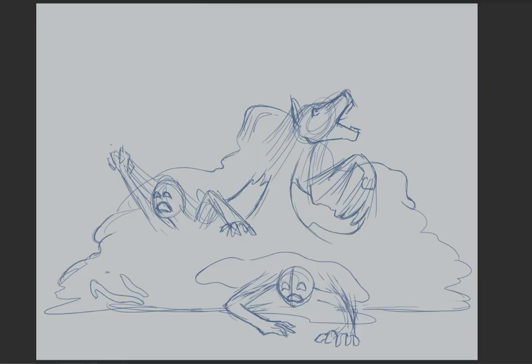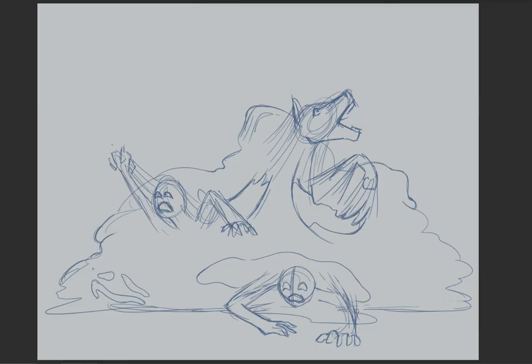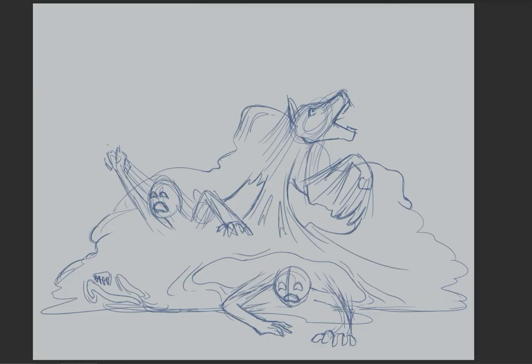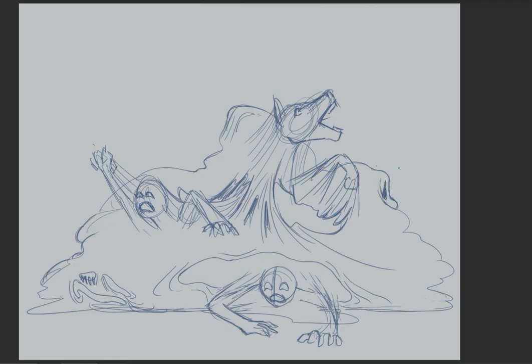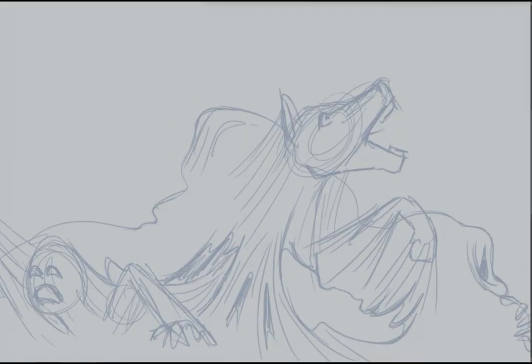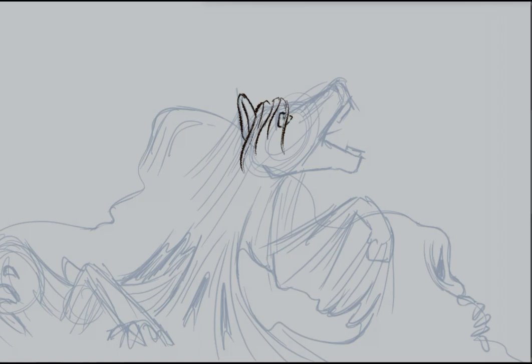So brood, because there are several definitions, I wanted to create a ghost that incorporated all of those definitions. If you brood, you ruminate on something in a melancholic way. If you're in a brooding mood, you're just like, this sucks and I feel gray.